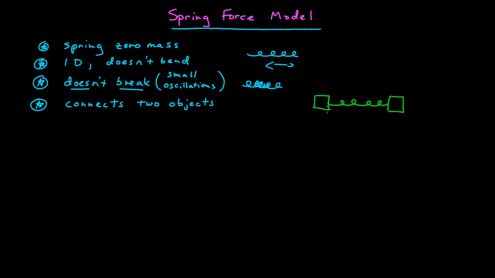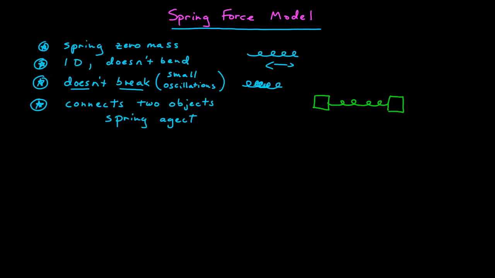Maybe one is holding onto someone's hand, maybe one end is on a wall, but there are two ends and they each have to be connected to something. However, the spring is the agent. The spring is the agent that is exerting a spring force on one of the objects. The objects aren't exerting forces on each other in our model.